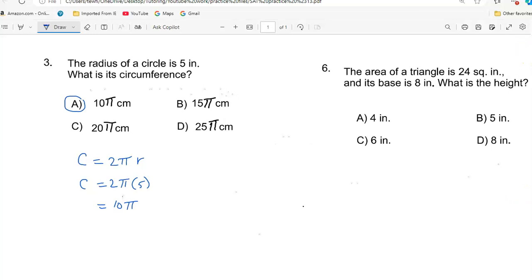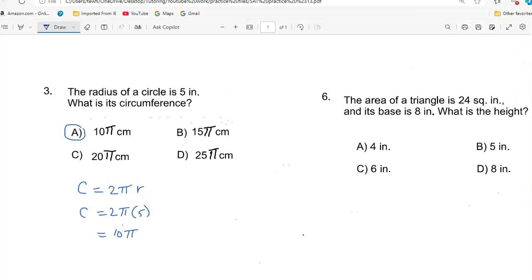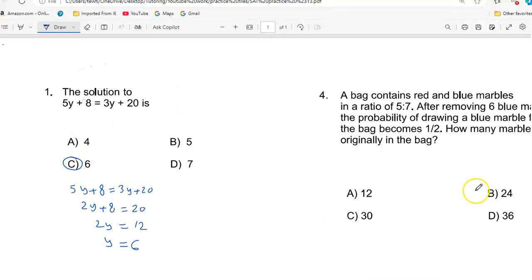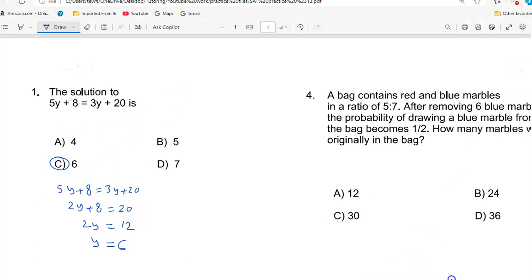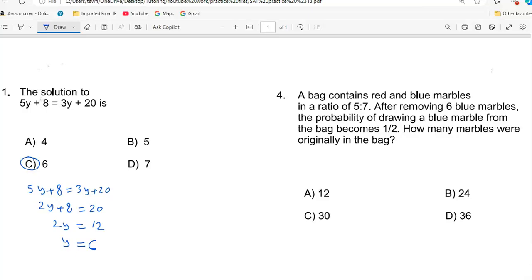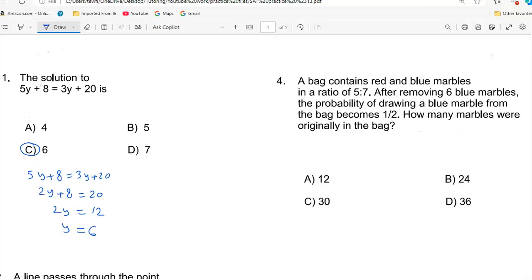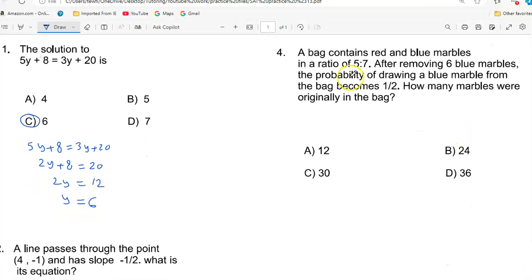And the next one, number 4. Here is number 4. For this one, what are we looking for? They said a bag contains red and blue marbles in a ratio of 5 to 7. After removing 6 blue marbles, the probability of drawing a blue marble from the bag becomes 1/2.